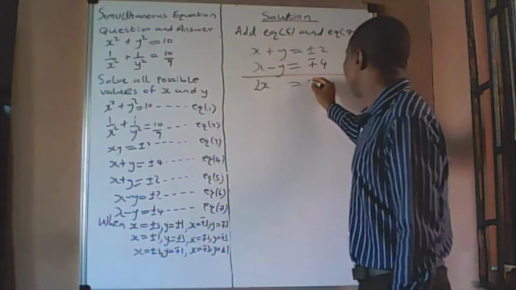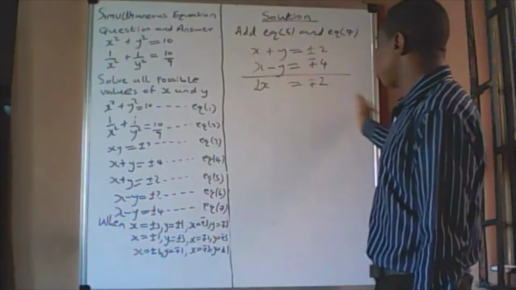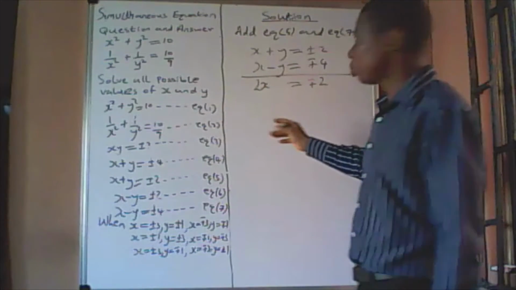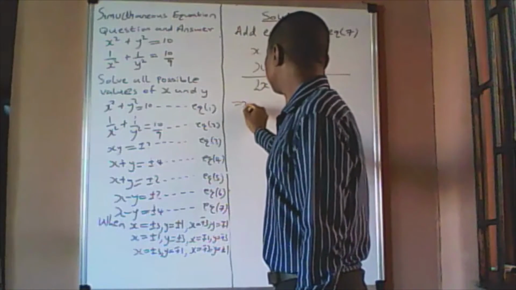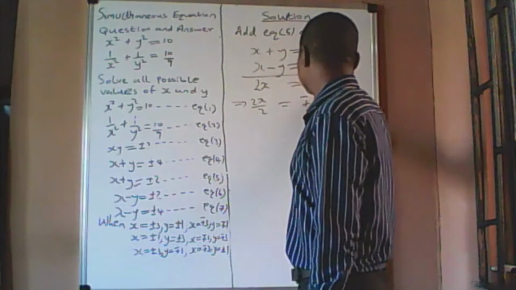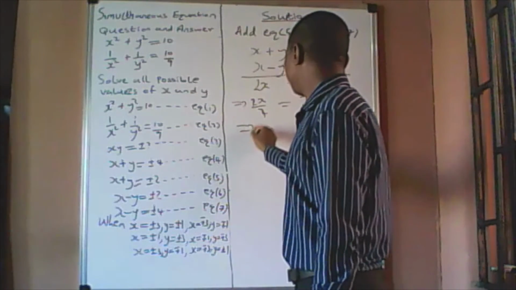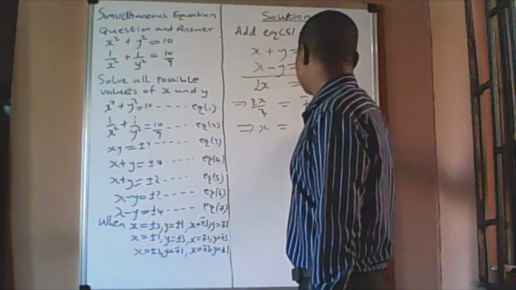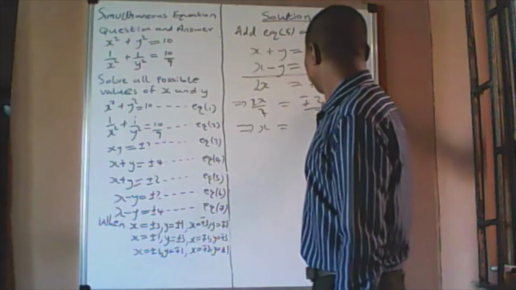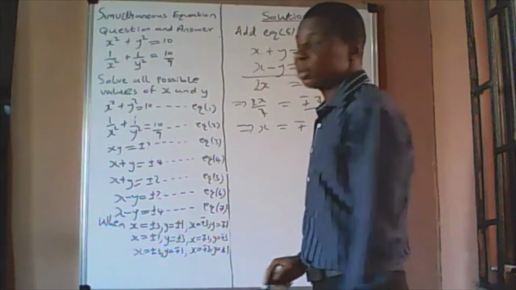That means minus or plus 2. You divide both sides by 2. The 2s cancel here. It remains x is equal to, 2 cancel 2, 1. You have minus or plus 1.